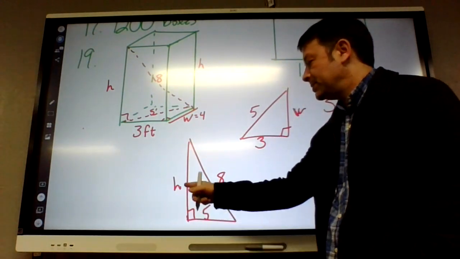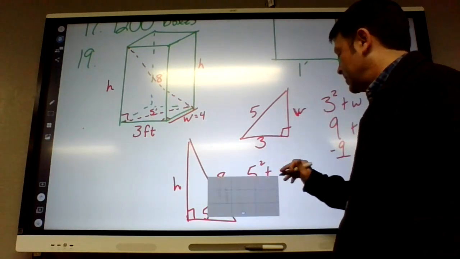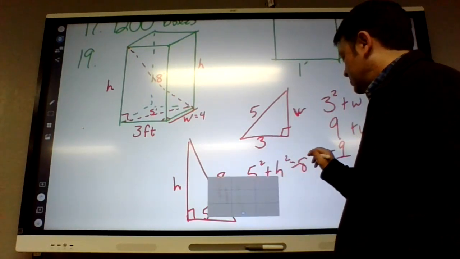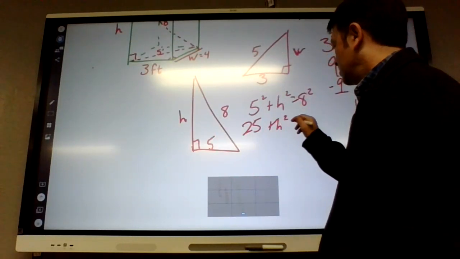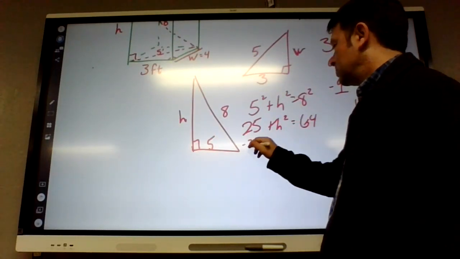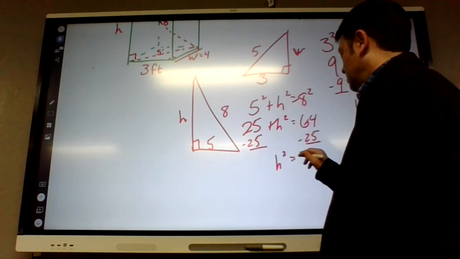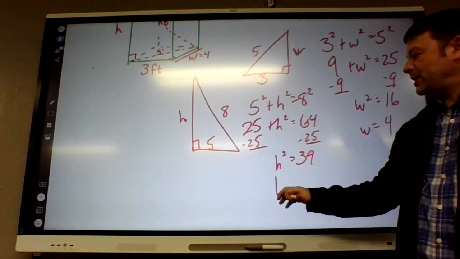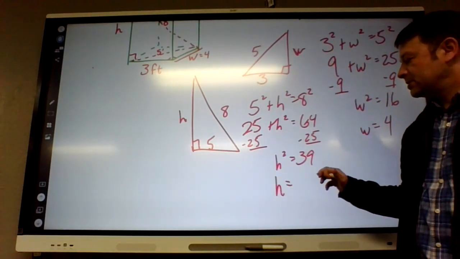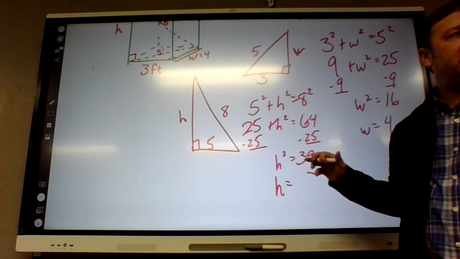So H squared plus 25 equals 64, so H squared is 39, H is square root of 39.